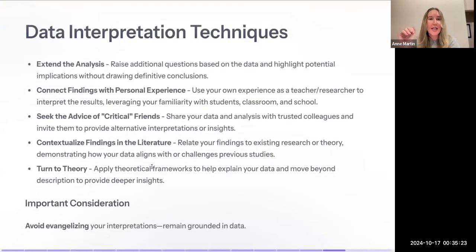So here are some of the techniques. Extend the analysis. This is when you would raise additional questions that are brought up based on your research. Use your expertise as the most important research instrument, with your own experience, to try to leverage the results and find patterns and themes there. Ask your critical friends. Think about the literature. So, do your findings align with the literature?